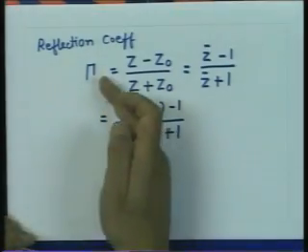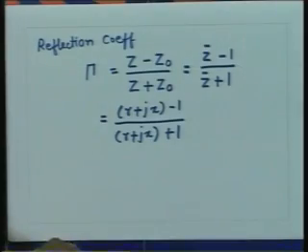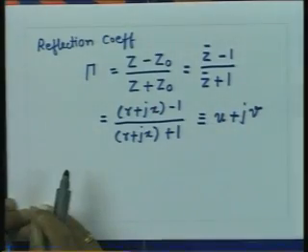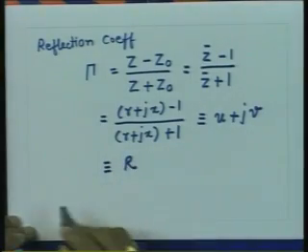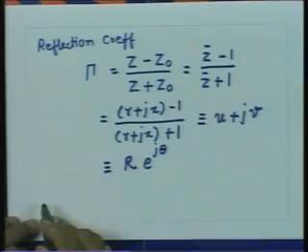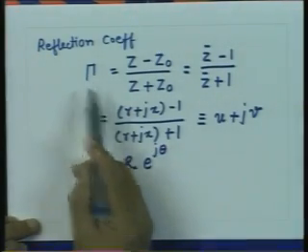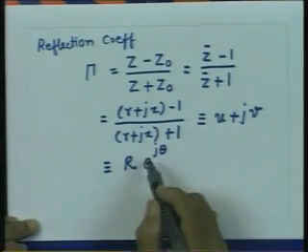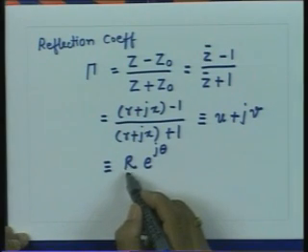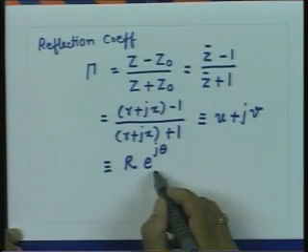Let us say the real part of the reflection coefficient is denoted by U and the imaginary part by V. So, the reflection coefficient can be written as U plus jV. In the polar form, it is equal to the magnitude of the reflection coefficient, r, and some angle theta. So, the reflection coefficient gamma can be represented by a Cartesian number U plus jV, or by a polar number having a magnitude r and an angle theta.